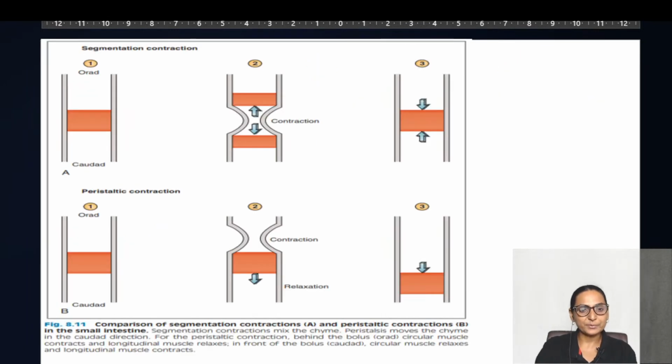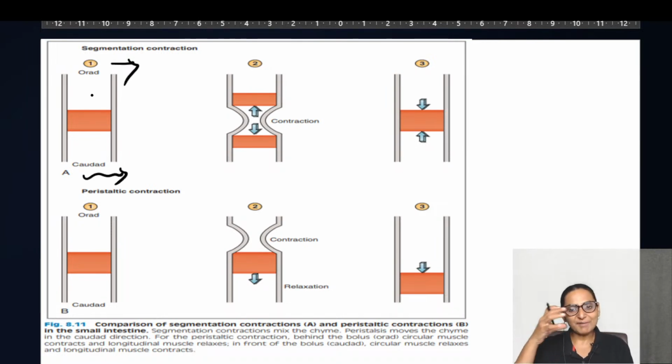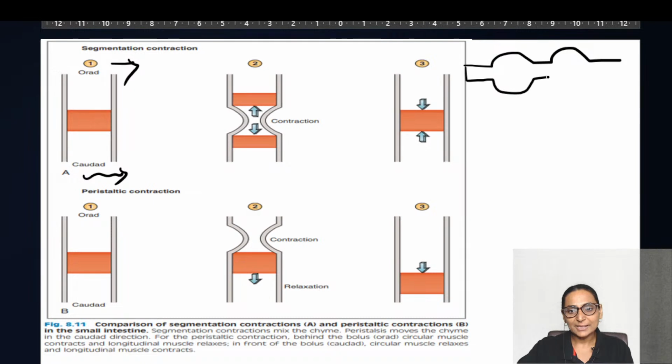So this is very important. So this is segmentation. See, this is the orad part and this is the caudad part of your GIT. You divide the entire GIT into small segments, right? You are causing contractions. This was an image based question for FMG. An image of this type came, and you were asked what type of movement this is. So what did you do here? You broke up the intestine into small, small segments. What was the benefit?